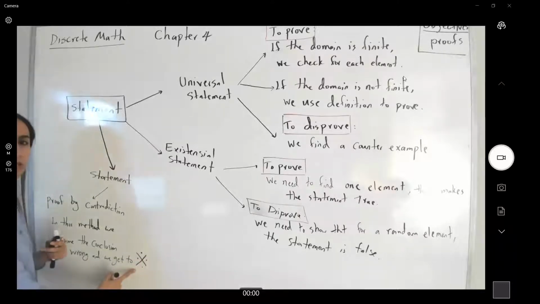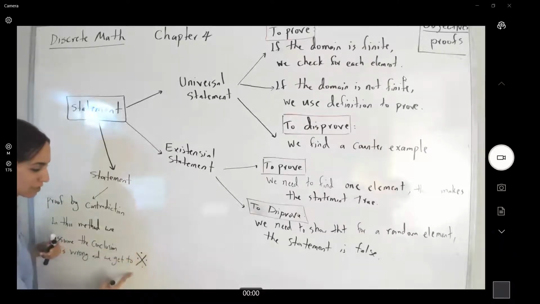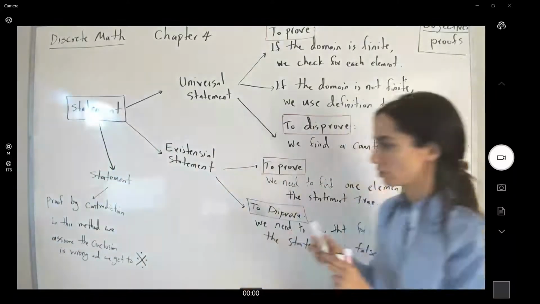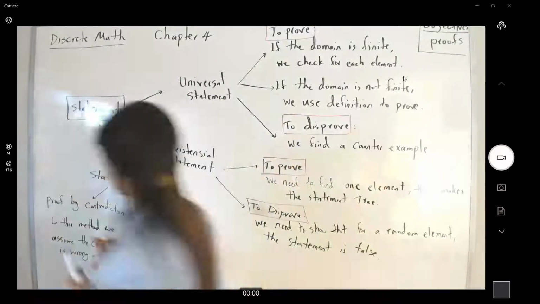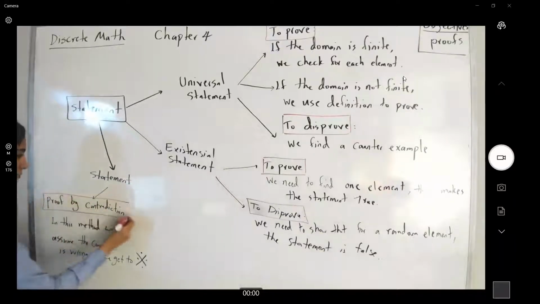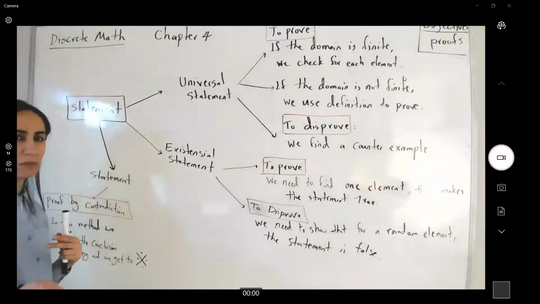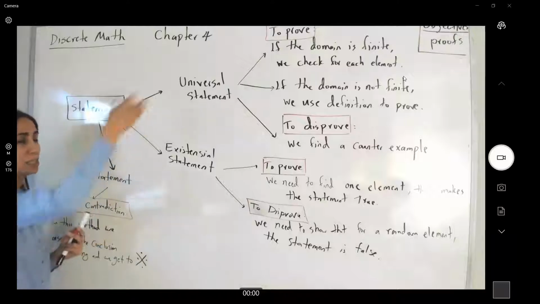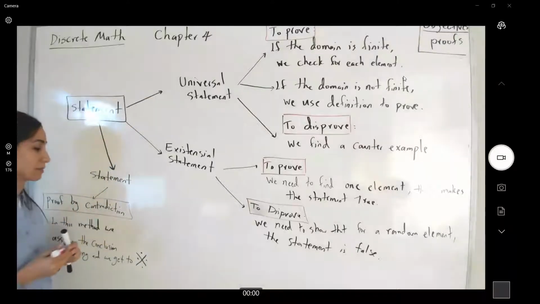We usually denote contradiction by this symbol. So proof by contradiction, this is the name of this method. It's not a universal statement, it's not an existential statement. Sometimes it works for those methods as well.